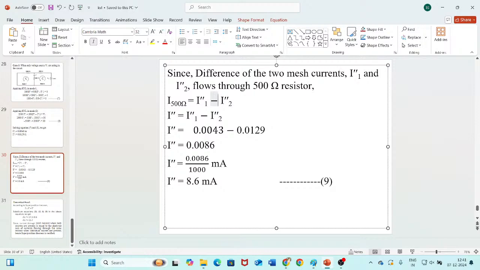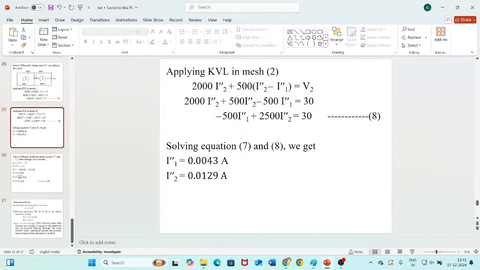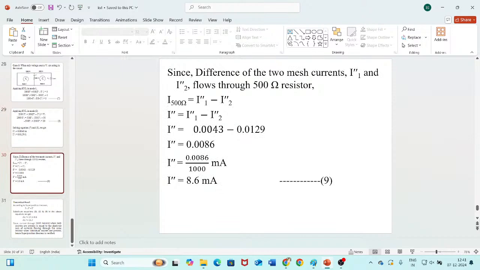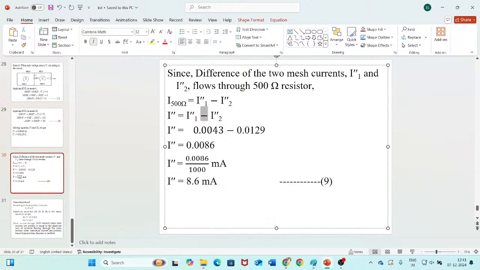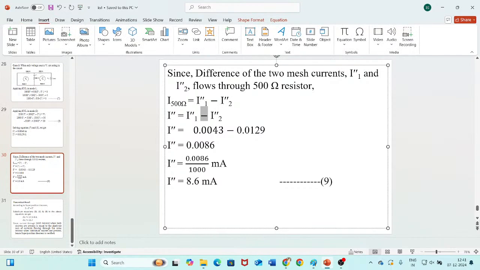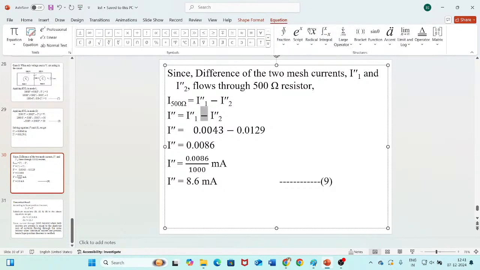So which one was the greater value? This was the greater value. So if I take the difference, I won't get any. So I have written a difference here. Why? Because the I2 double dash value is larger than the I1 double dash value.